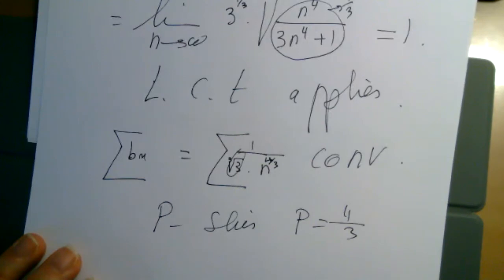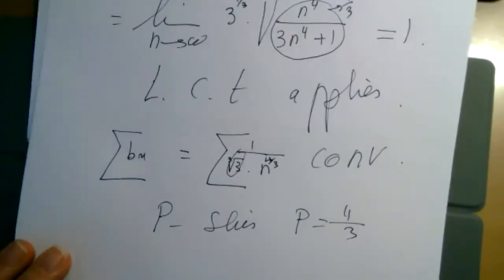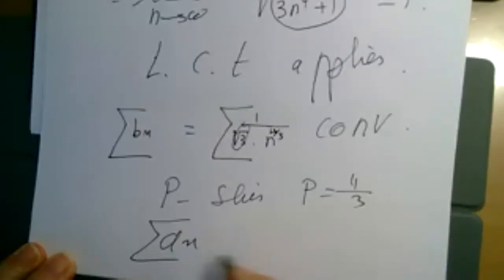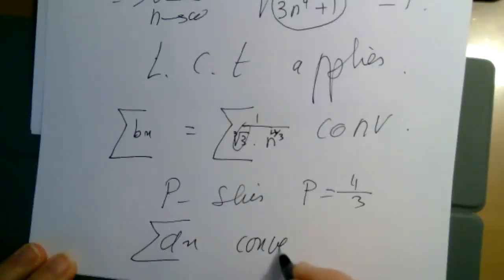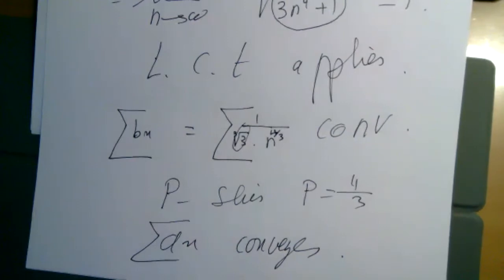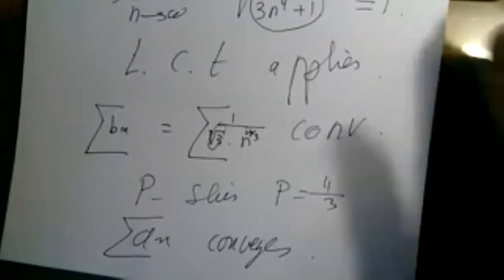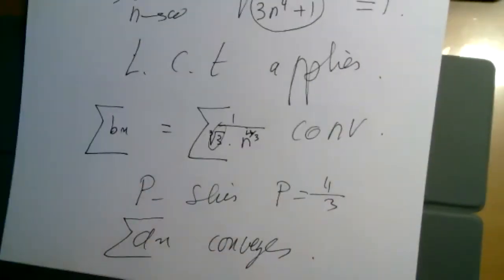So we can almost think of them as p series with p equals 4/3. So my original series also converges. Okay. All right. Anything else? All right. So that's how the limit comparison test works. It's not perfect, but it's a very, very good test. Yeah, it converges, absolutely converges.